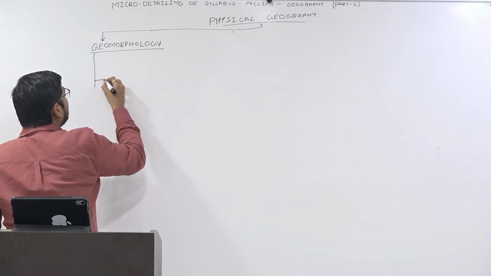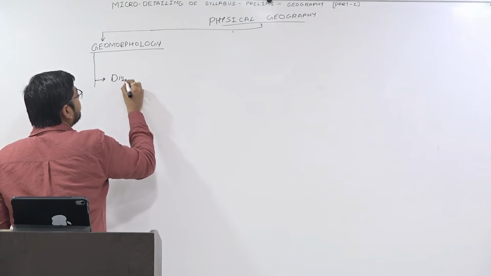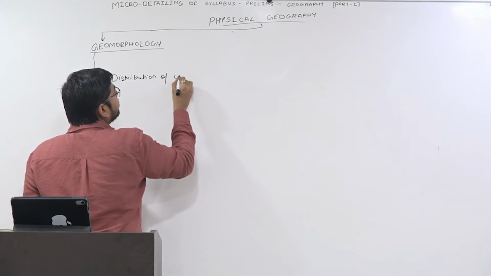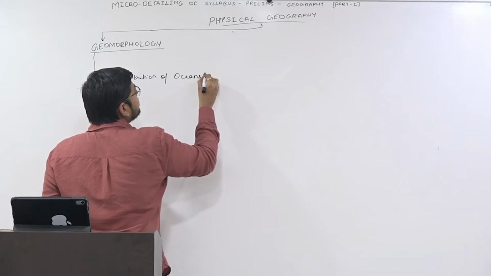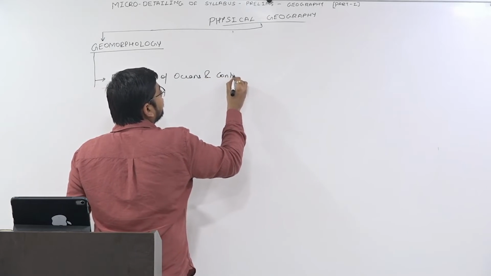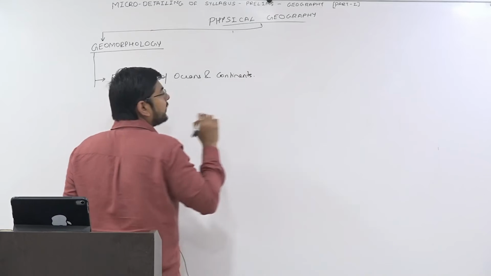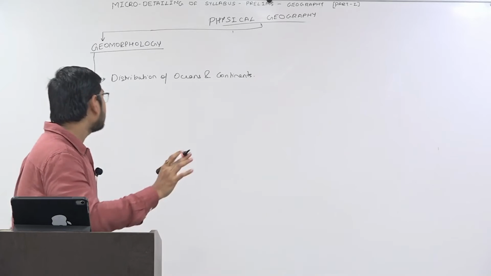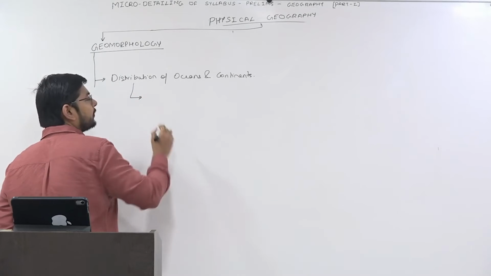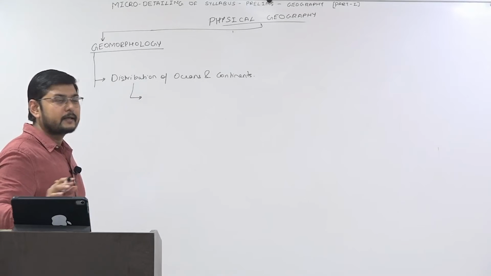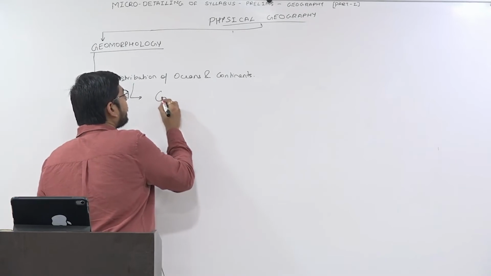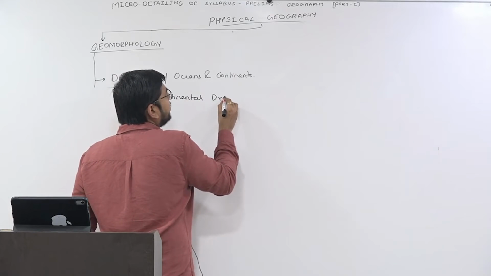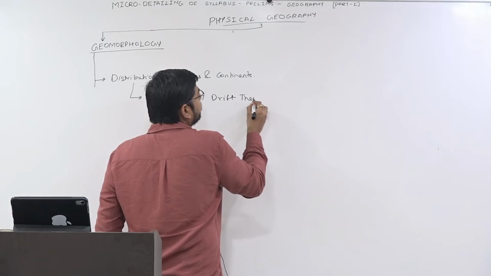We will be looking at the distribution of oceans and continents. To study the distribution of oceans and continents, first we need to study how they are formed. The first theory through which we understand this is the continental drift theory.